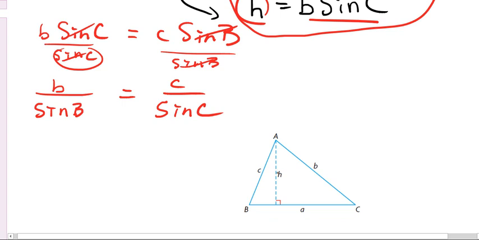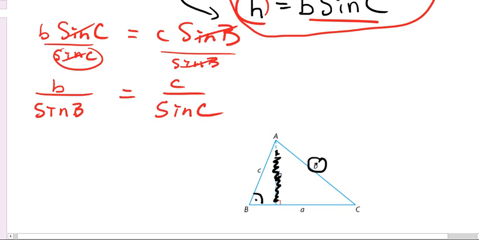A neat thing you'll see in the textbooks is that if you have big B for an angle, the opposite side is always little b. Big C, the opposite side is always little c. Big A, the opposite side is little a. That's something you can predict, so pay attention to it.